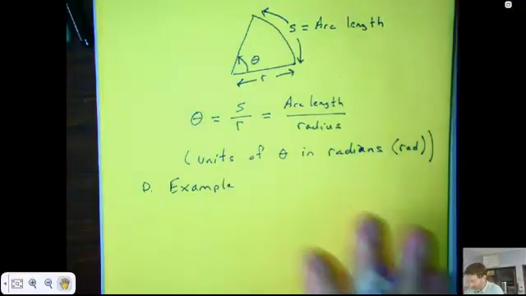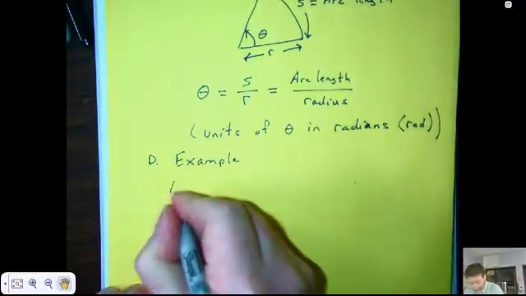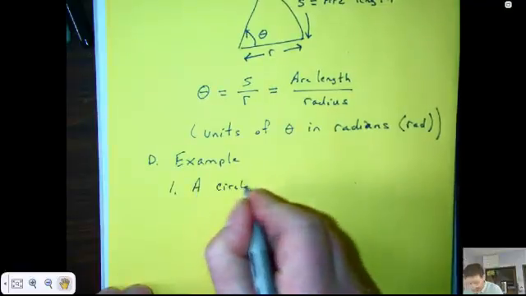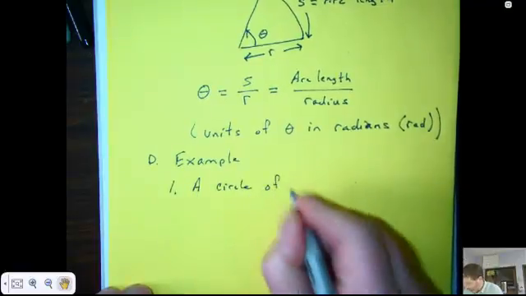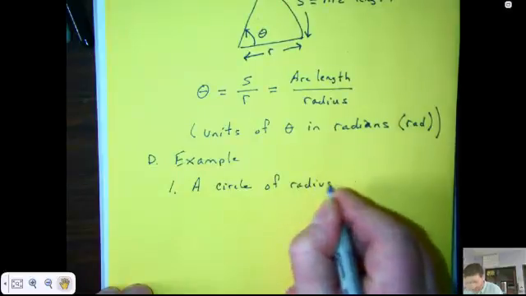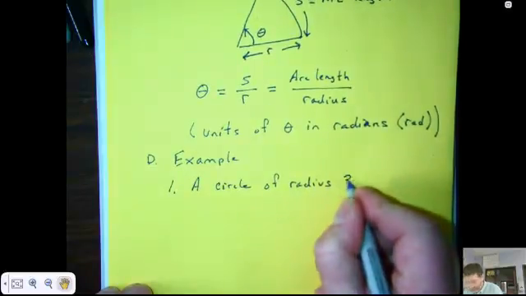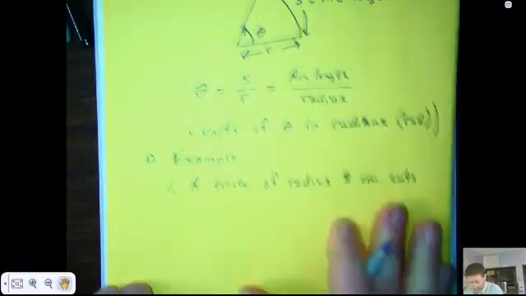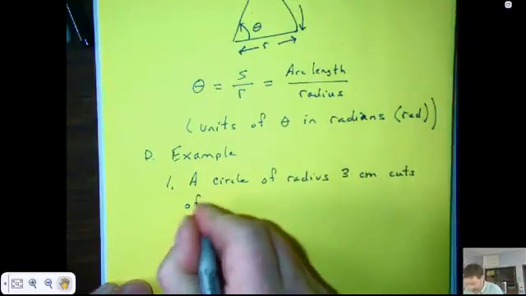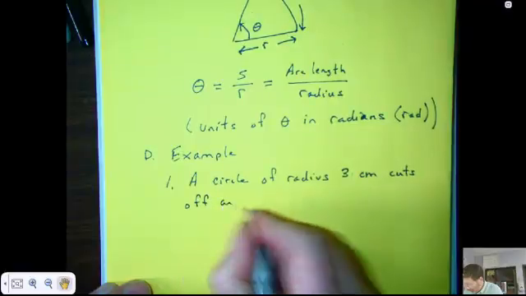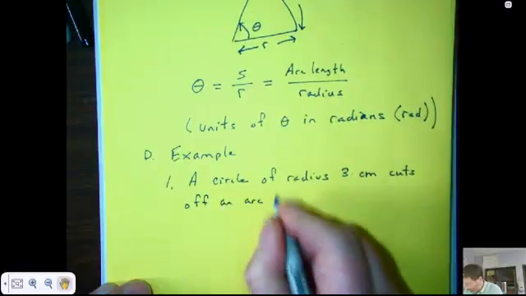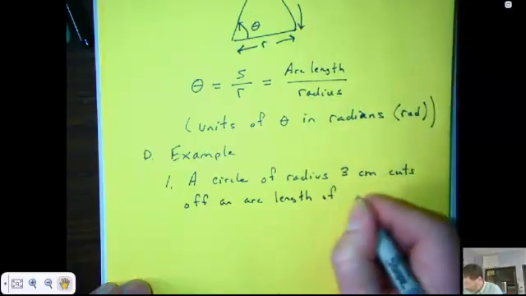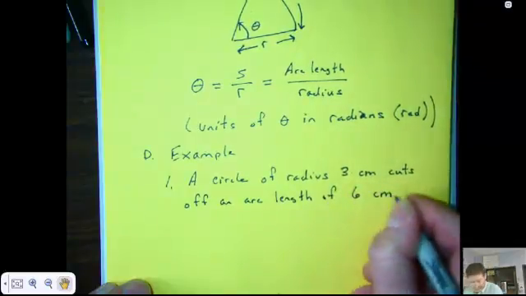Okay, so let's see. Just a real basic example to start with. In this one we have a circle of radius 3 centimeters that cuts off an arc length of 6 centimeters.